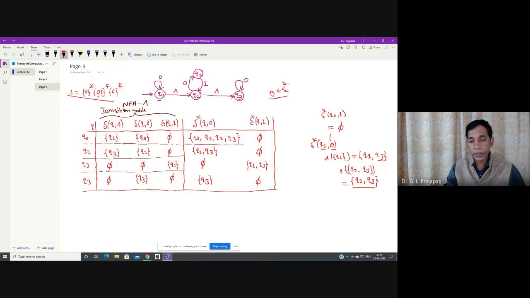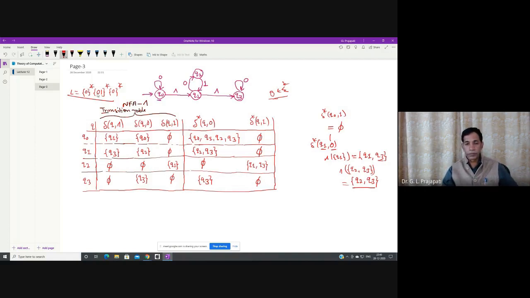So this is the case when your machine takes the input string from the state Q0, Q1, Q2 and Q3, and we have seen that for the simplest string 0 or 1, where your machine can go.